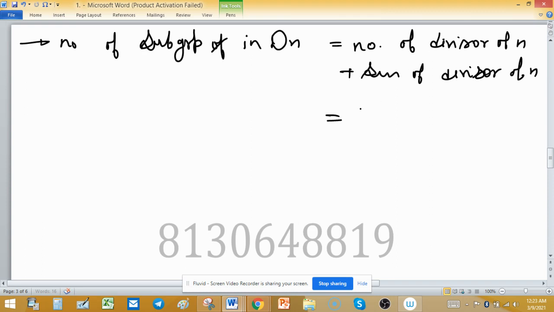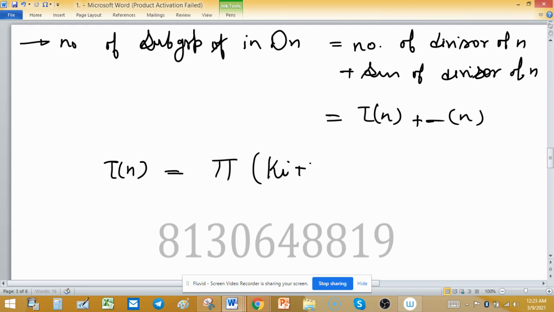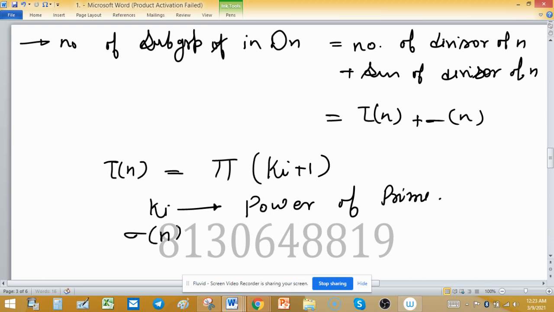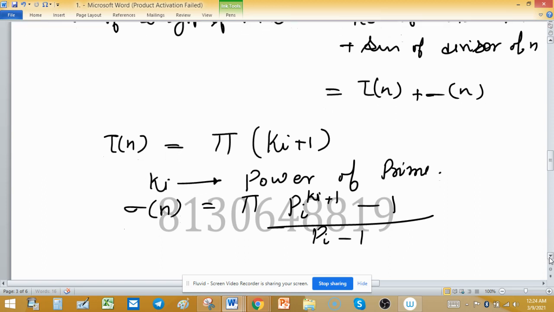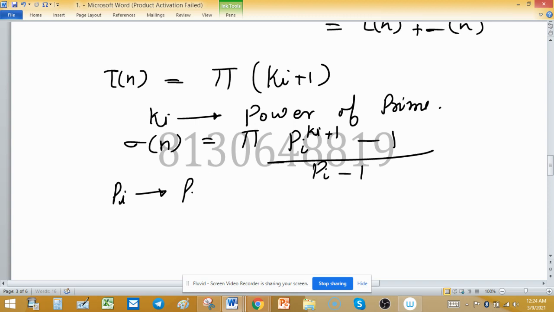This can be written as tau(n) plus sigma(n). The explicit formula of tau(n), as I already explained, is the product of (k_i + 1), where k_i are the powers of primes, and sigma(n) is the product of (p_i^(k_i + 1) - 1) divided by (p_i - 1), where p_i are primes and k_i are the powers of primes.